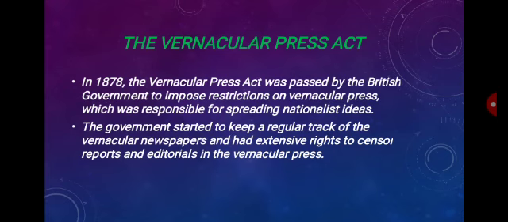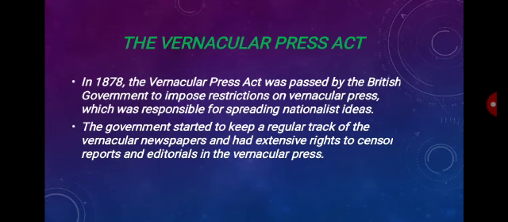In 1878, the Vernacular Press Act was passed by the British government. It was passed just to control these vernacular press. Because the colonial government thought that these vernacular press were responsible for spreading nationalist ideas.